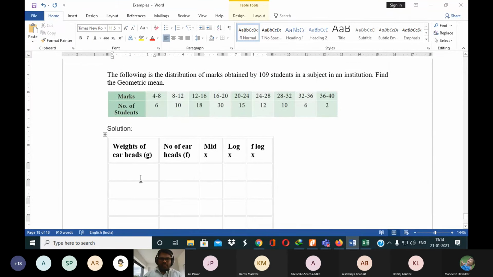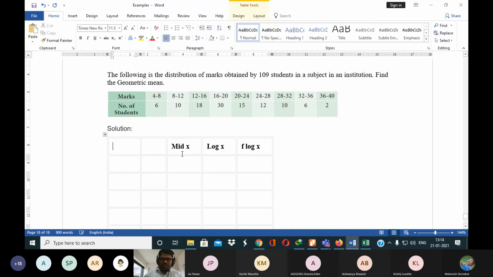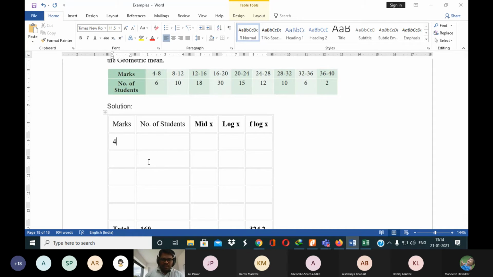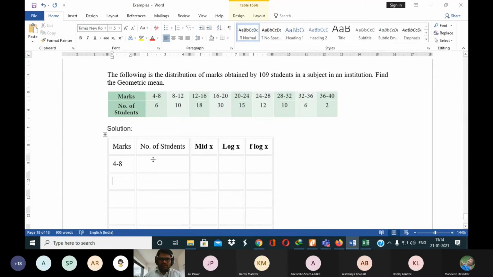First we need to take the marks and number of students. The value of n is already given, 109 students. So here marks and here number of students. Now write down the classes under the marks column. Write down all the classes.